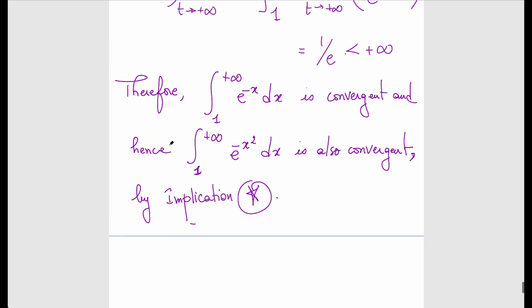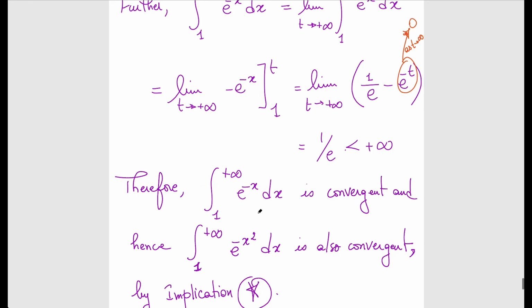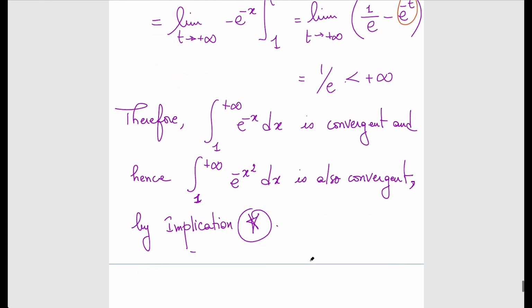Keep in mind that I don't know the value of this integral, right? I didn't say that this value is equal to 1 over e. The value of this integral is 1 over e, but the value of this one, I don't know it. All I know is that it's convergent up to this point, correct? So I'm not claiming that the values of the two integrals are the same.